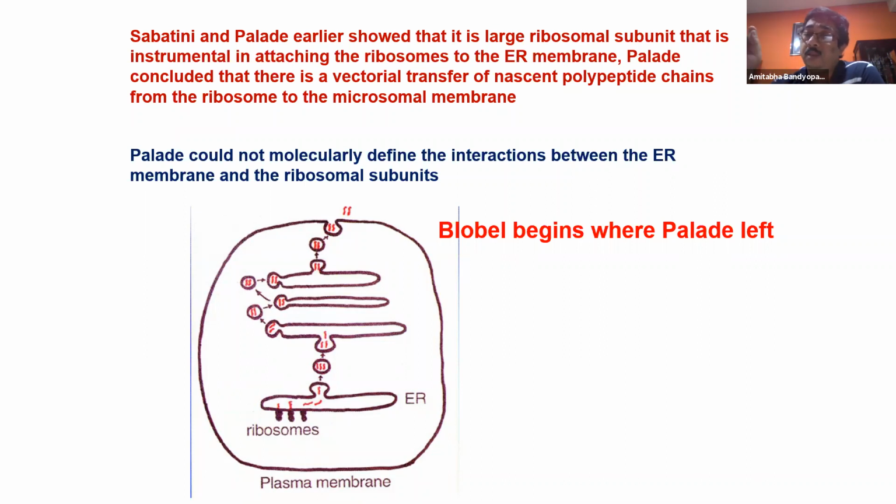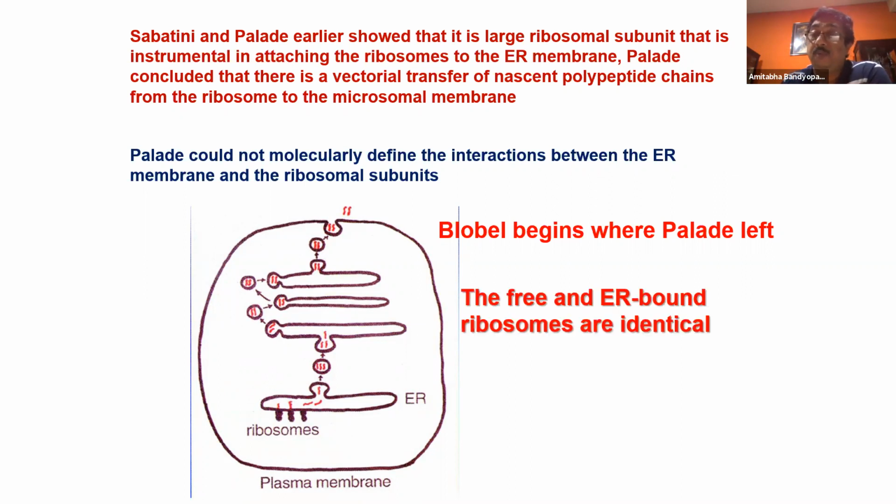And Blobel began just where Palade left off, with the aim of molecularly defining the process. Palade pretty much described exactly what is happening at a phenomenal level, but Blobel entered and uncovered the major molecular players in the recognition of the nascent peptides that are destined for the secretory pathway, and the molecular players involved in that.